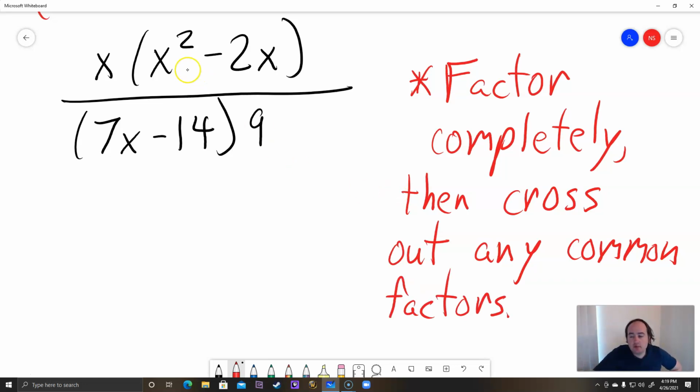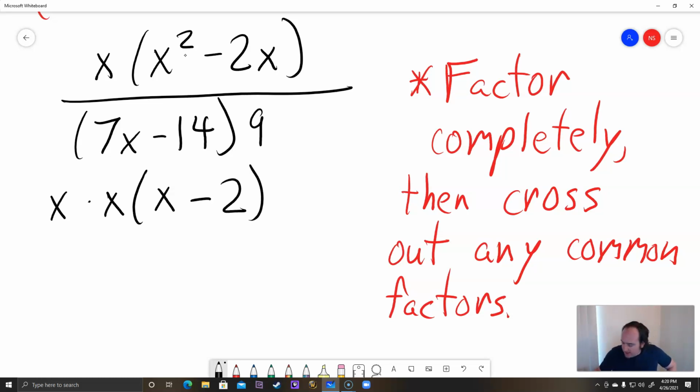Like in the numerator, we see that we can factor out the GCF, which is x. So in the numerator we have x times the quantity x minus 2. What did I do there? I factored out the GCF, which was an x. See, I circled it in red there.